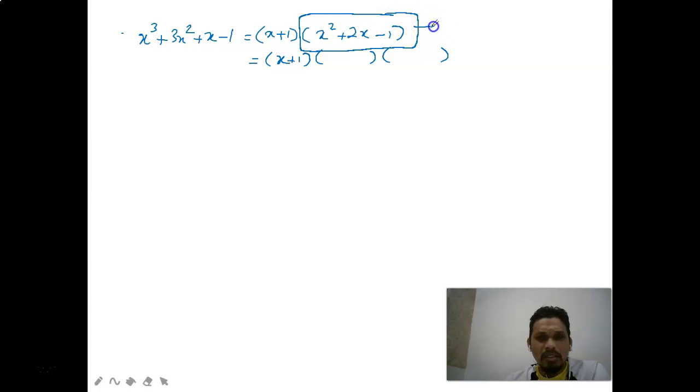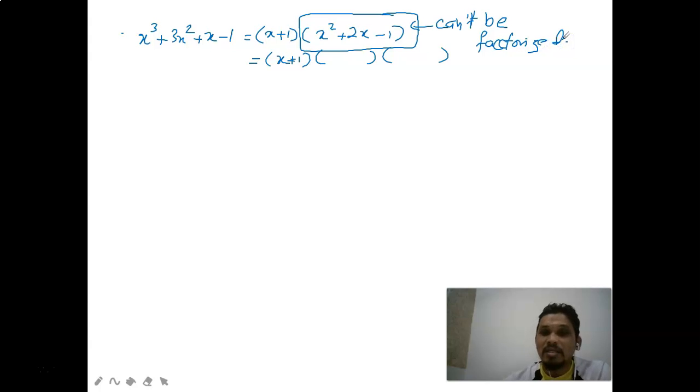Okay, this is one of the quadratics that cannot be factorized. This is one of the cases where x squared plus 2x minus 1 cannot be factorized. In this case, we are going to use the formula x equal to negative b, where this one here, a equal to 1, b equal to 2, and c equal to negative 1.